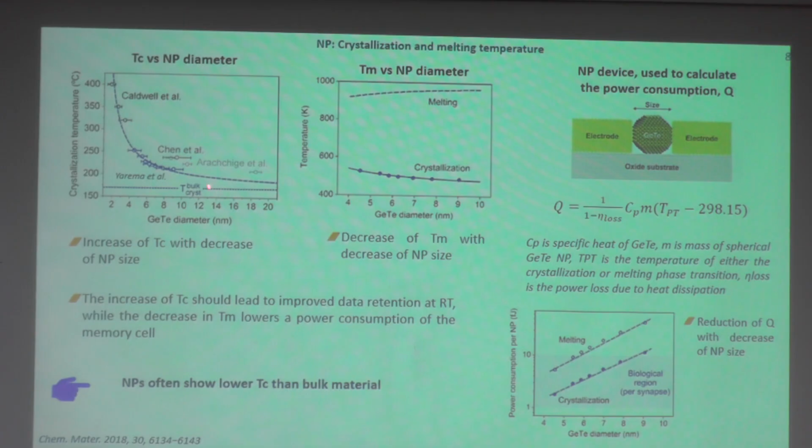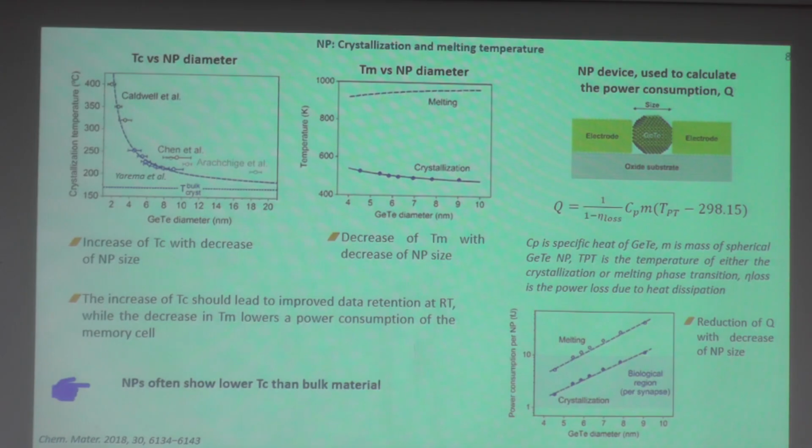So it starts from bulk here somewhere, and then it goes up to almost 400 degrees C. So this is a huge change, because the bulk crystallization of germanium telluride is in this range, 180, close to this 160.